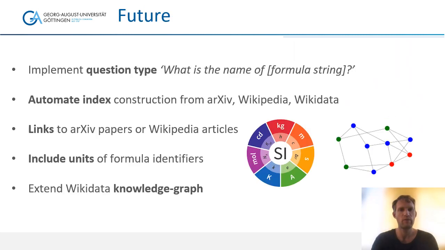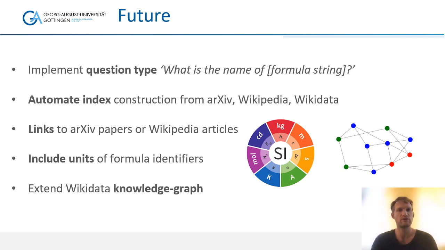In the future, we will also implement the question type, what is the name of a given formula string? This is the classical mode of a formula search engine, and we concentrate on the reverse modes, so searching formula strings by names. Moreover, we aim to automate the index construction from archive datasets or Wikidata, Wikipedia data dumps.